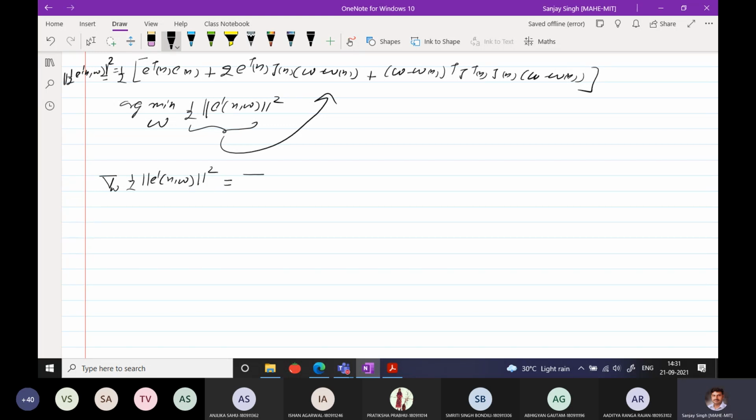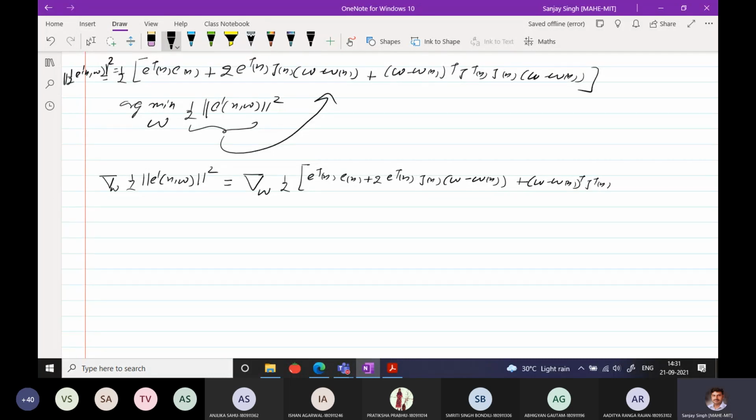which I can write in terms of this entire part, 1 by 2, and whatever I have written here: E_n^T E_n plus twice E_n^T J_n (W minus W_n), plus the quadratic term in W minus W_n.